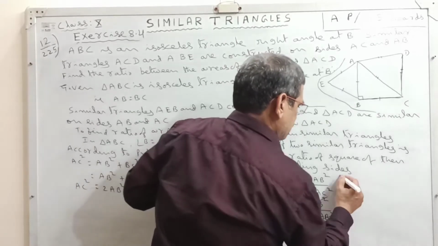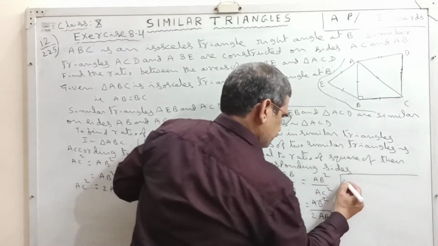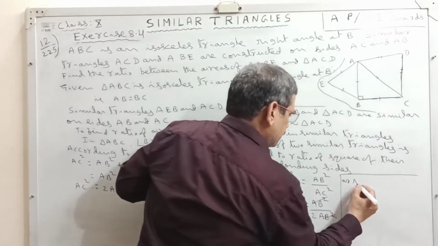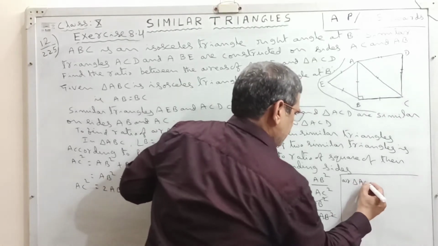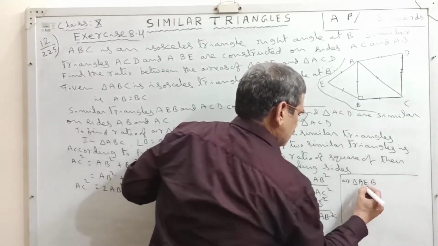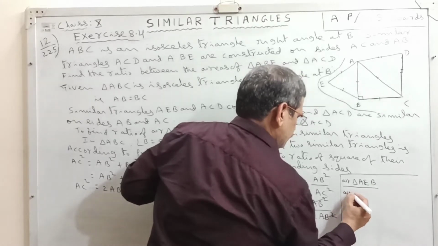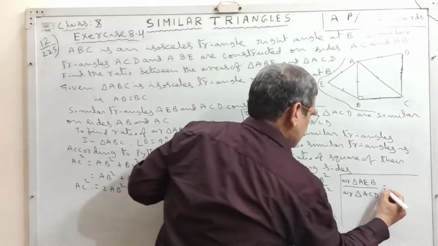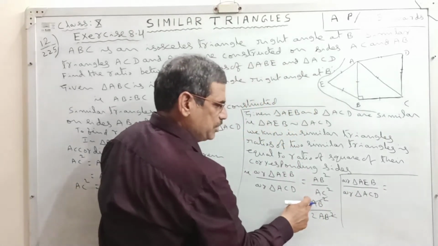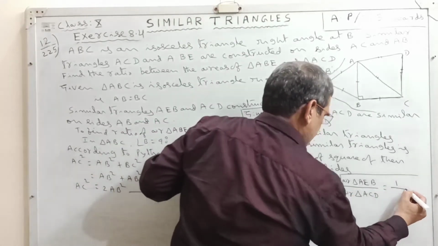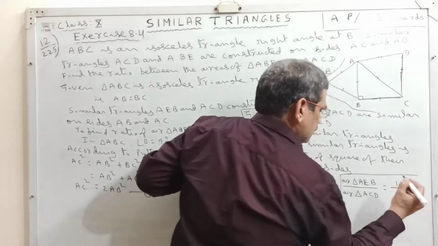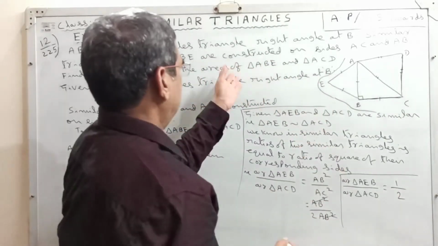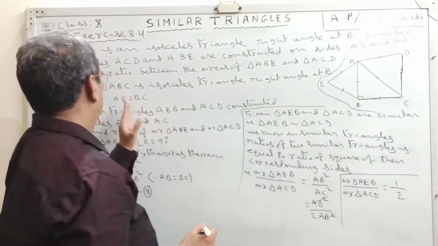So the answer is: area of triangle AEB by area of triangle ACD is equal to, in the numerator nothing is there, nothing means 1. In the denominator 2 is there. So this is 1:2.